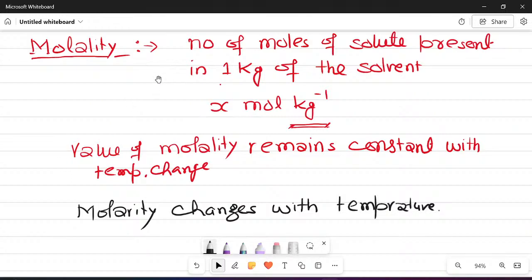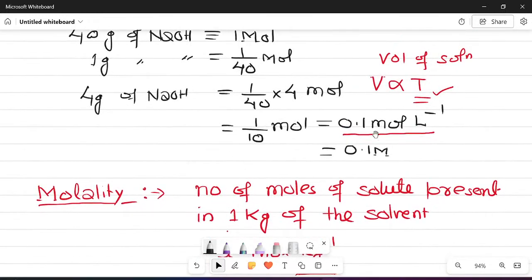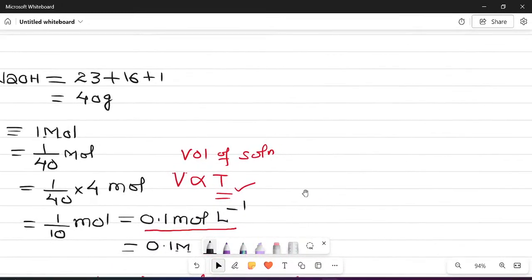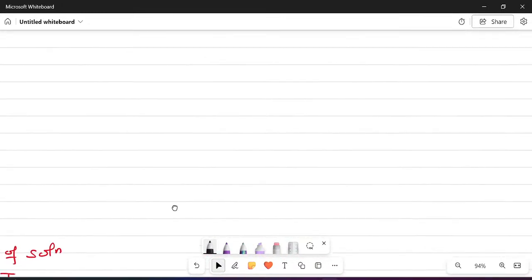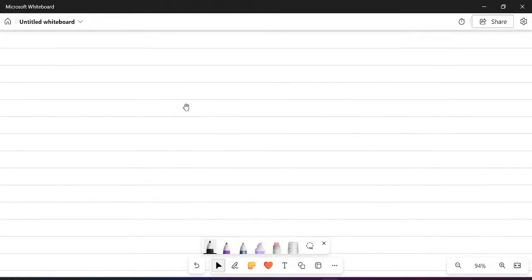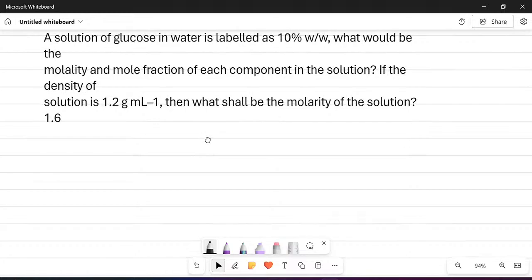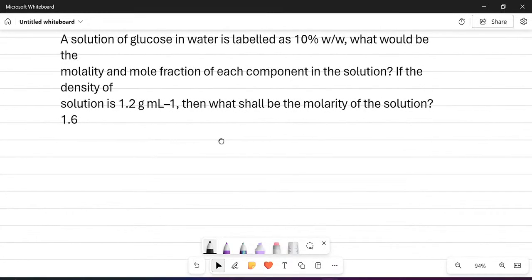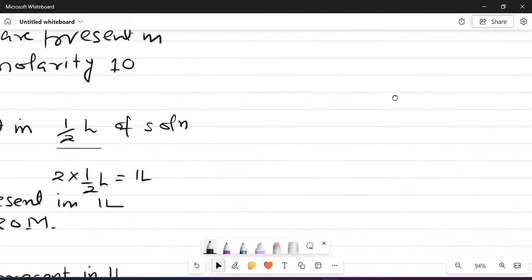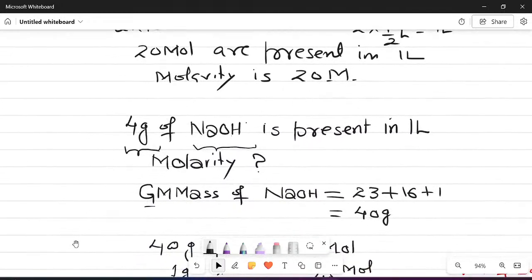So we will try to apply these concepts to practical problems. Let us see. We will learn one more definition, that is mole fraction.